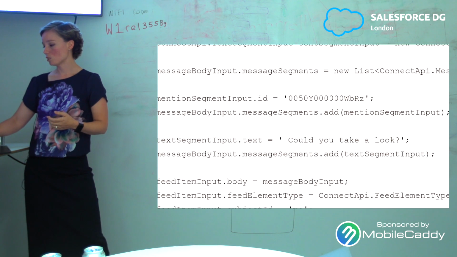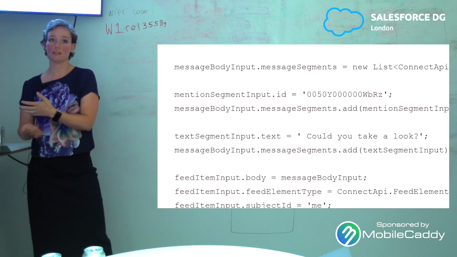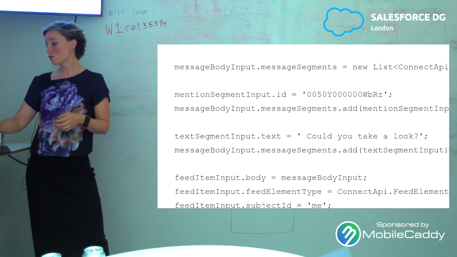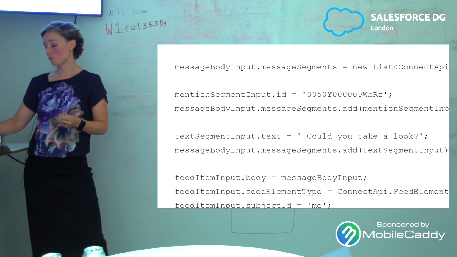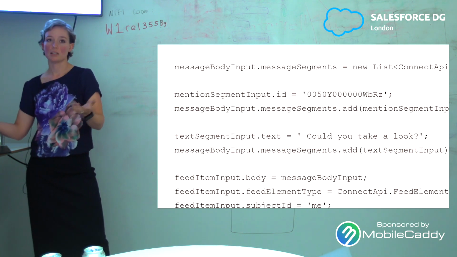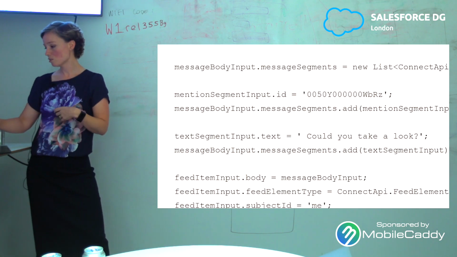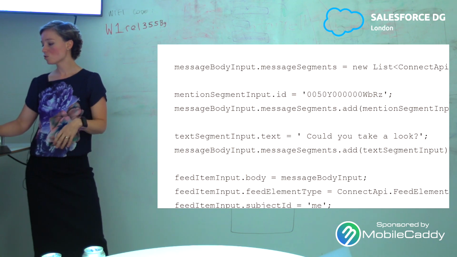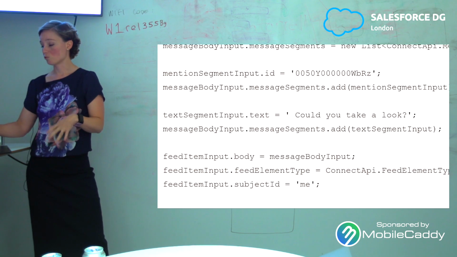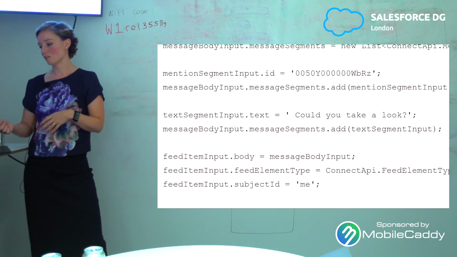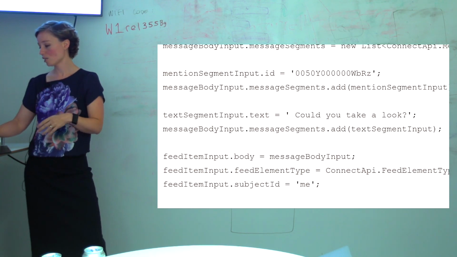Then what we do is assigning what we want to put in our post. So in this bit, we're doing an add mention. So obviously we need the ID of the person that needs to be add mentioned. We add that to our message body. Then we do the rest of our feed item message. So this is just a string.